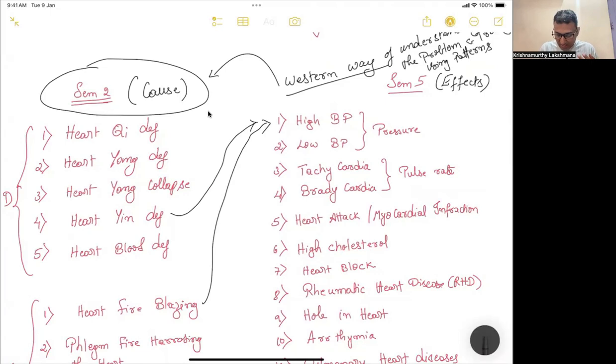Yes. Heart fire blazing is full heat. So a full heat can cause high BP, and an empty heat can cause high BP. And heart yin deficiency may be linked to a kidney yin deficiency. You start seeing the web of causes.